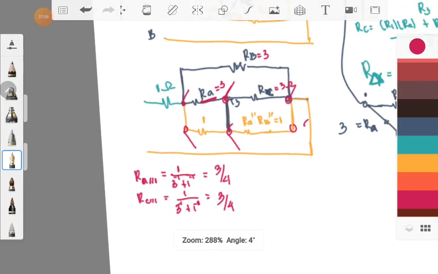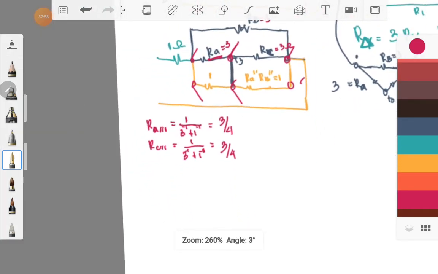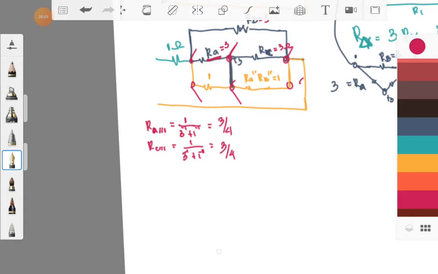Okay, so if you have 3/4 already, what is the next thing we will do? We will rewrite this figure into 1 ohm, and then these are now in parallel, so it will look like this. This is your RB, and this will be the parallel combination of your RA in parallel with 1.